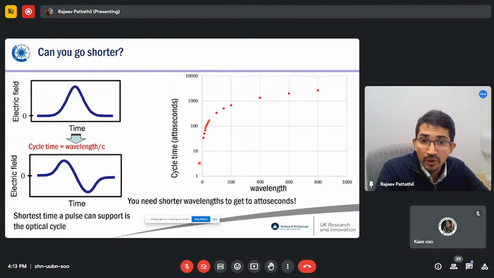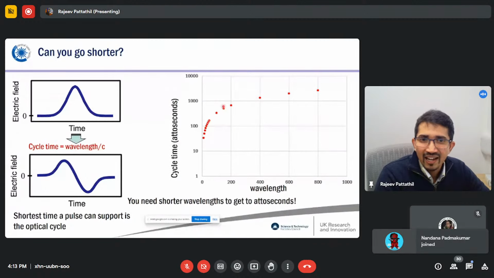Most of the lasers that were used earlier to produce femtosecond pulses were in this regime, around 800 nanometer infrared. So they can produce a few femtosecond pulses, but to get to the attosecond time scale, you have to go to much shorter wavelengths.